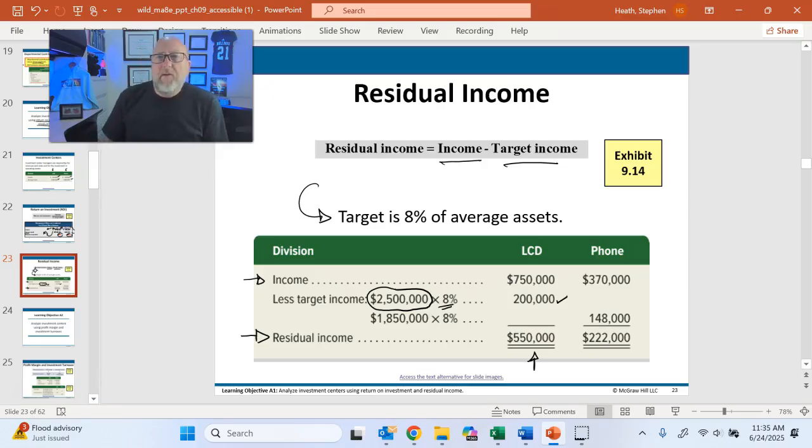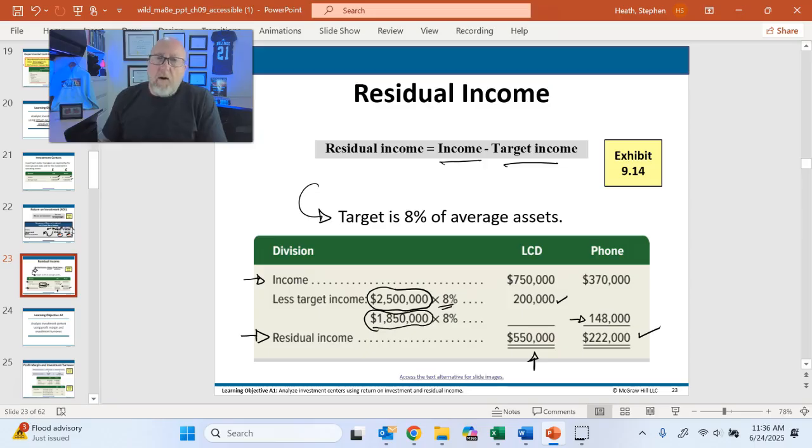Okay, we could do the same calculation for the phone. Our average assets for the phone business are 1,850,000, and an 8% return off of that is a normal income of 148,000. So we exceeded a normal income by 222,000 in the phone division.